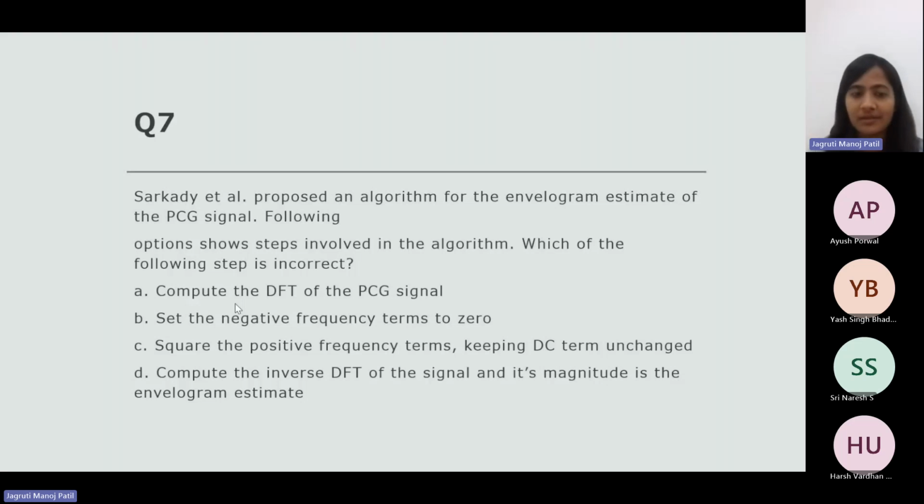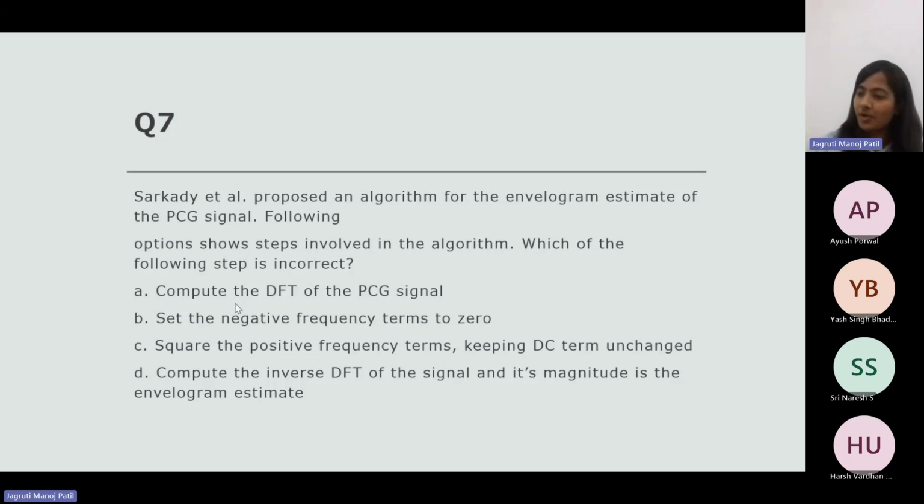Which option is incorrect here? Option C. Yes.